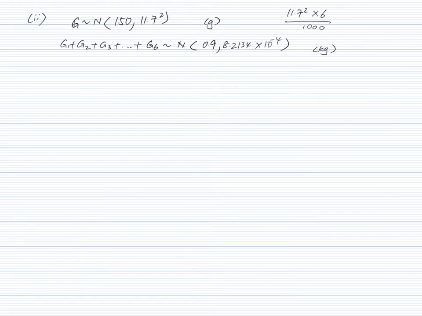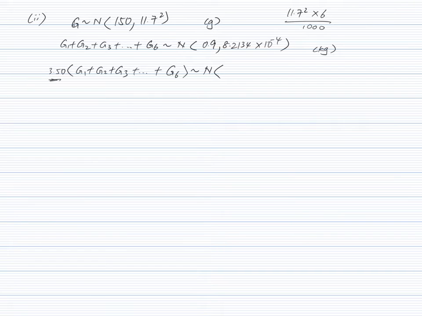And now I'm going to convert that to cost. We know the Granny Smith apples cost $3.50 per kilogram, so I'm going to put $3.50 multiplied by G1 plus G2, and so on. Next, I'm going to find the parameters that represent the cost of the 6 Granny Smith apples.